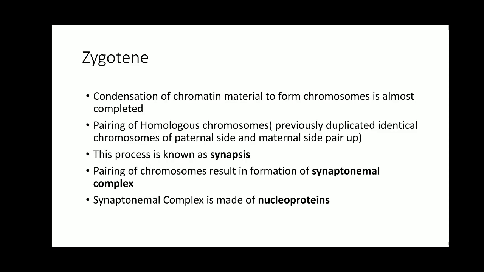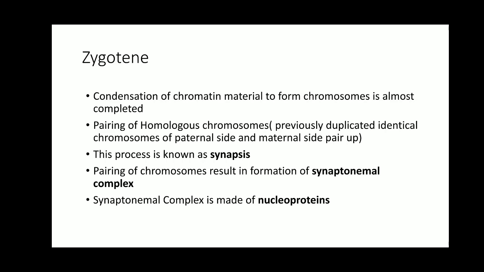Now this paternal side set contains two chromatids, that is two replicas of the chromosome known as chromatids, and from the maternal side it contains two chromatids. So together they are known as homologous chromosomes. Identical chromosomes are known as homologous chromosomes, that is derived from both the parents.